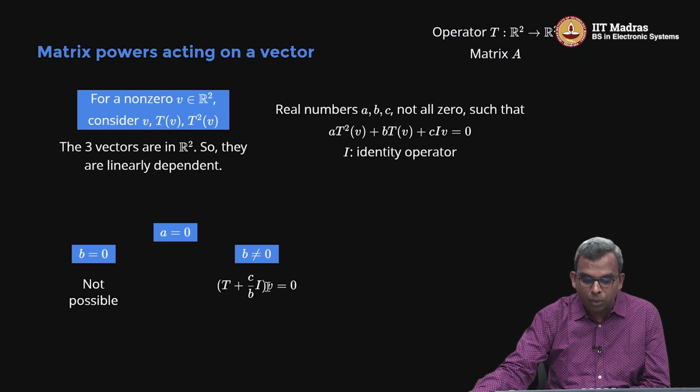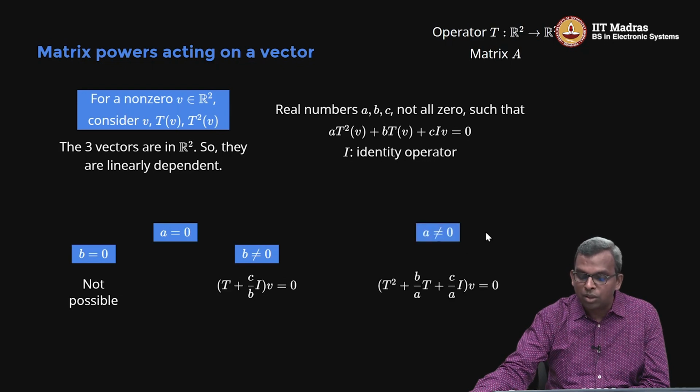So you get some T plus some lambda times I acting on v equals 0, and v is non-zero. So you have a matrix of the form T minus lambda I, and it is singular, because it sends a non-zero vector v to 0. So clearly if a is 0, you have an eigenvalue, because T minus lambda I is singular. That is an eigenvalue.